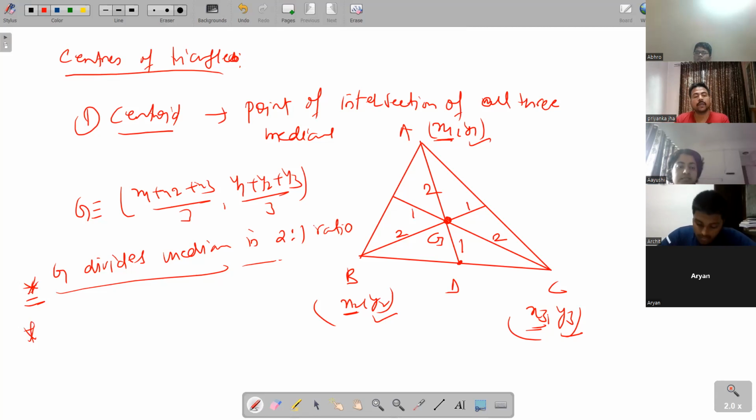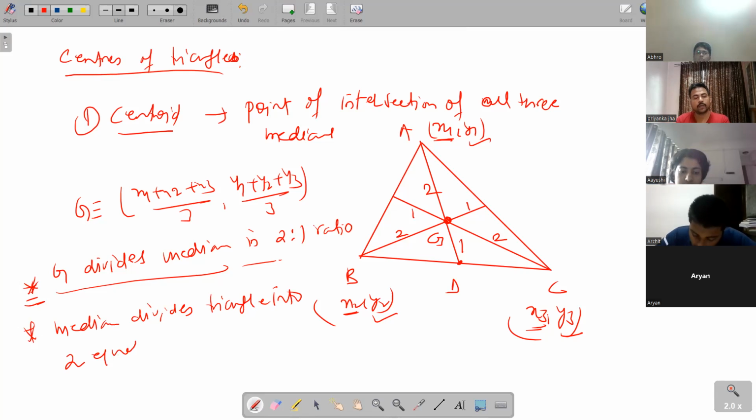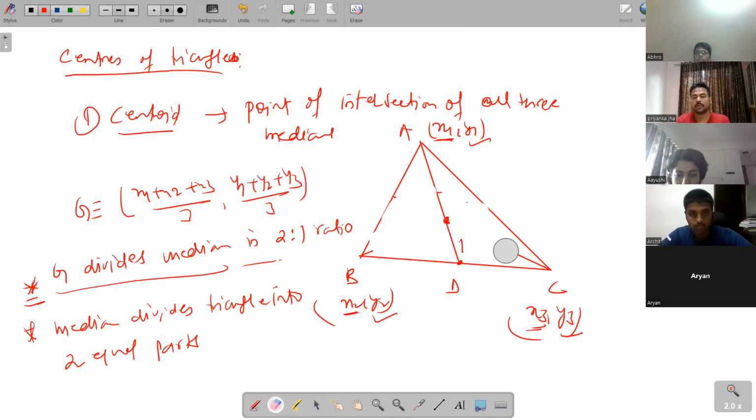Next point. A median divides the triangle into two equal parts. If I talk about median AD, this median will divide the triangle into two equal parts, meaning the area of this part and the area of this part will be the same.